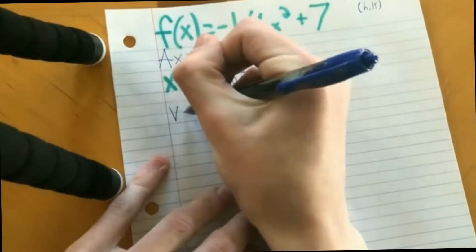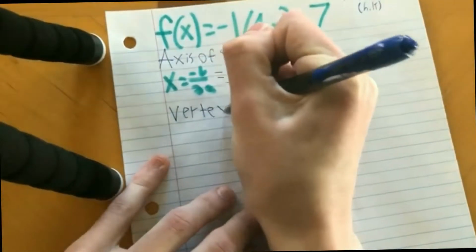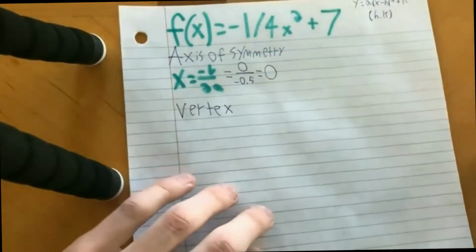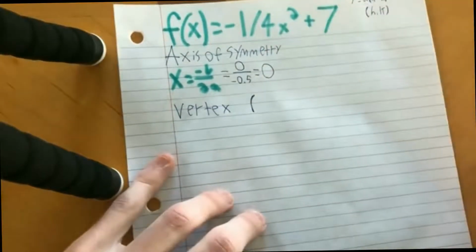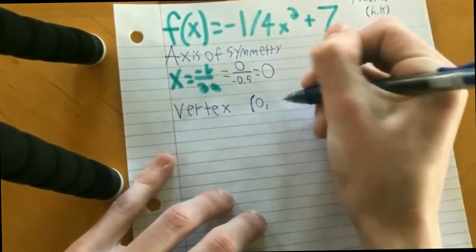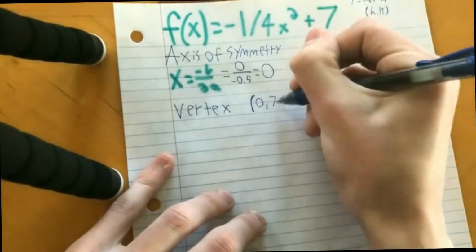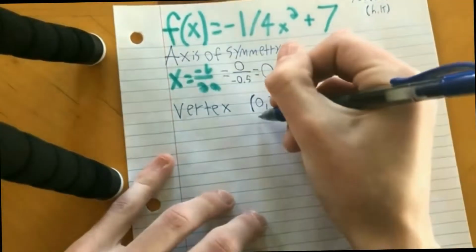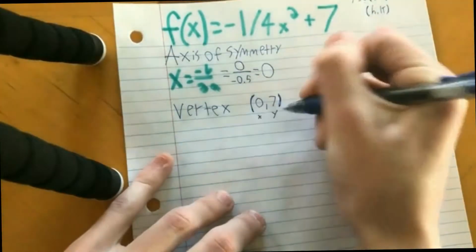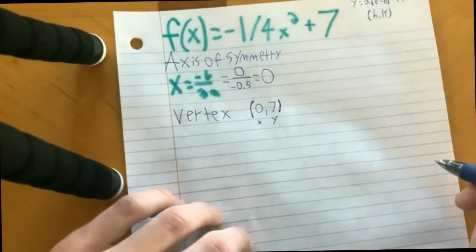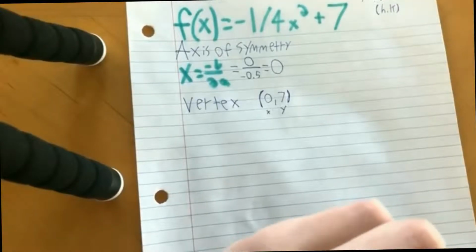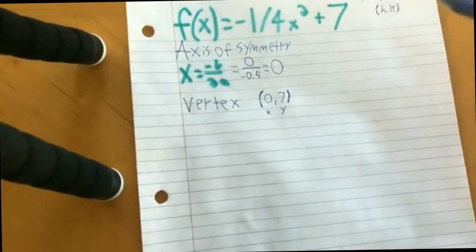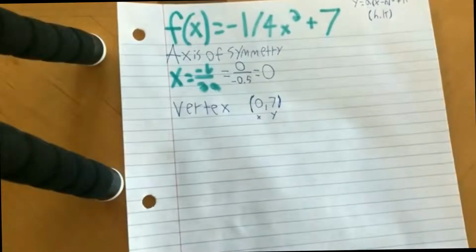So our vertex is of course going to be the coordinate point 0, 7. So 0 is our x and 7 is our y. It's going to reflect pretty easily, because our axis of symmetry is just the entire y-axis.